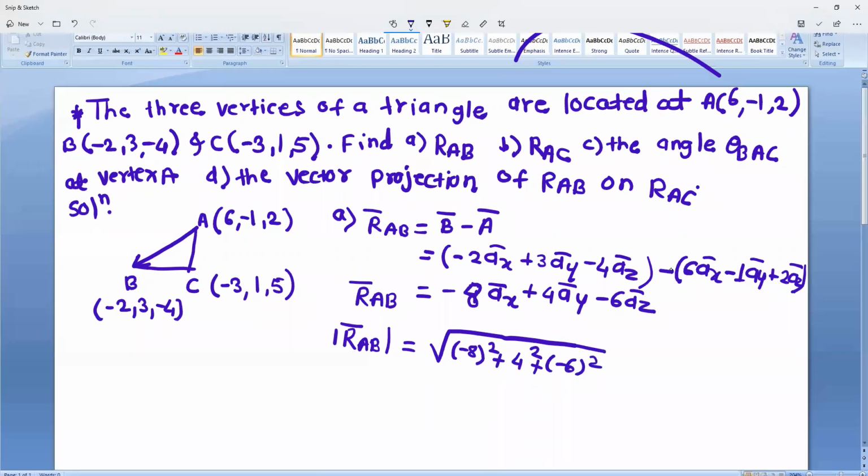Now calculate this. So it is equal to 64, 80 and 116.